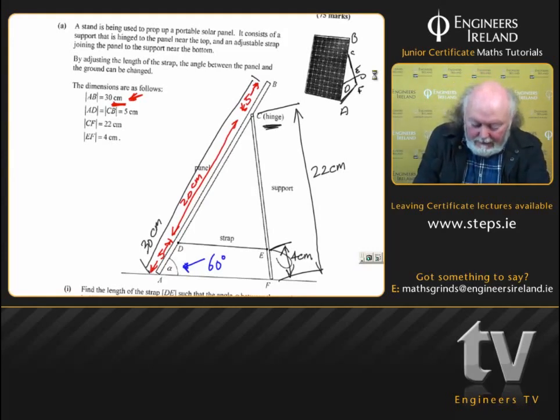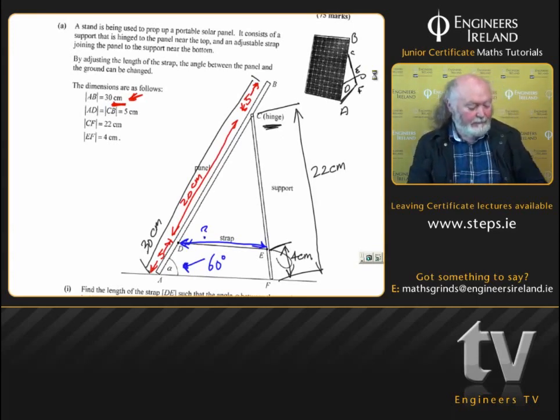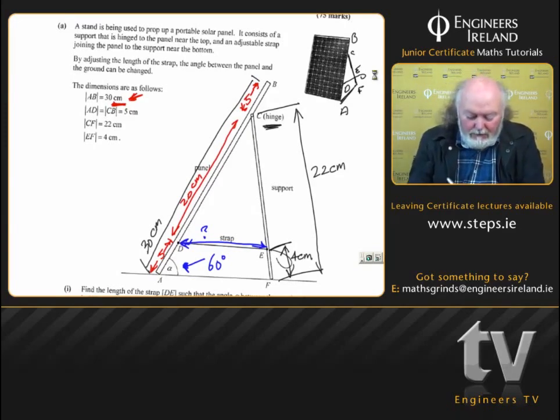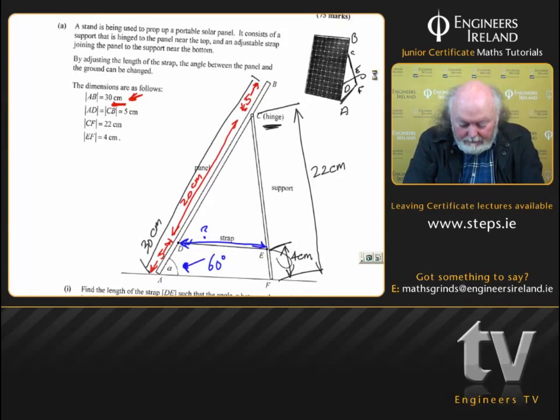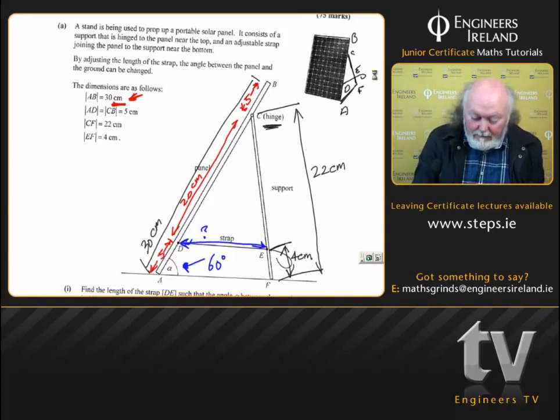How long does that need to be, that strap there? What length should it be to give you 60 degrees there? So what you do is you assume it to be 60 and you look to see what your dimensions tell you. We're looking for D to E.